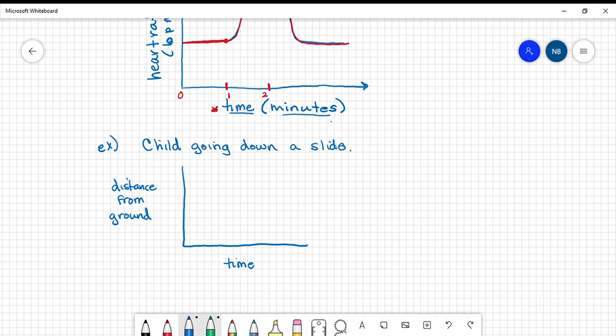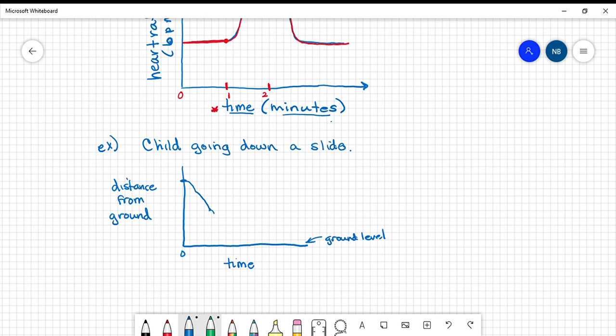Now, when you're getting ready to slide down a slide, you are obviously a few feet off the ground. So at time 0, the child is going to be some distance from the ground. So this would be ground level, that horizontal axis. So the child's on top of the slide. Now, when they push themselves off, their distance from the ground is going to decrease, usually rapidly, because the slides usually start out pretty steep.